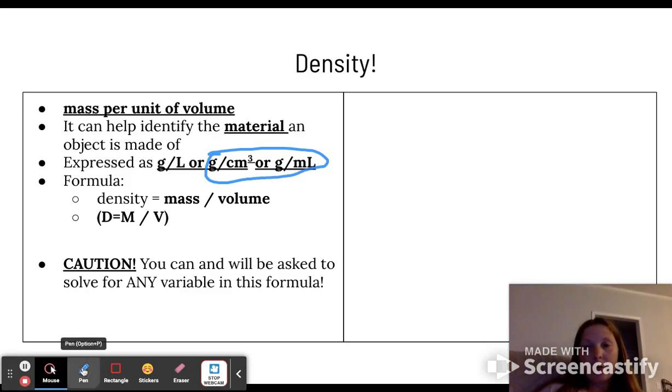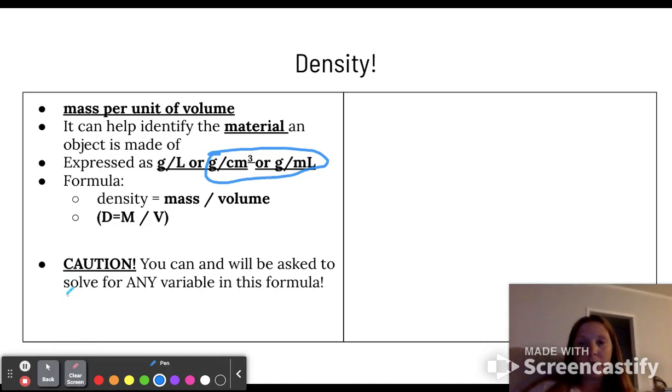For instance, if you want to solve for mass, let's say we've got density is equal to mass over volume, and you want mass. We need to get mass by itself, so we are going to multiply both sides by the volume.